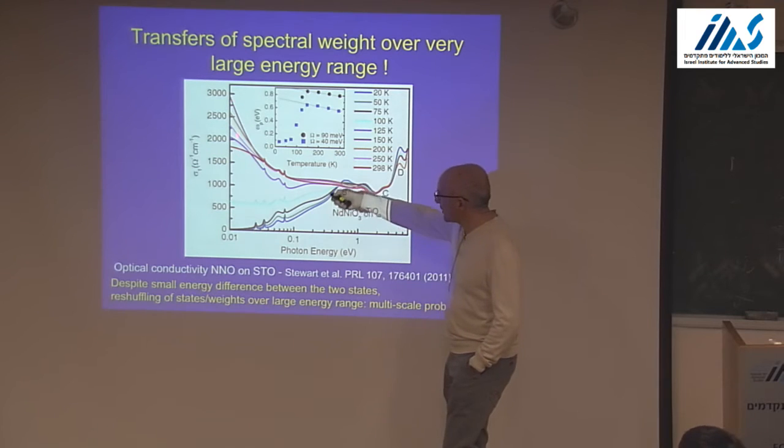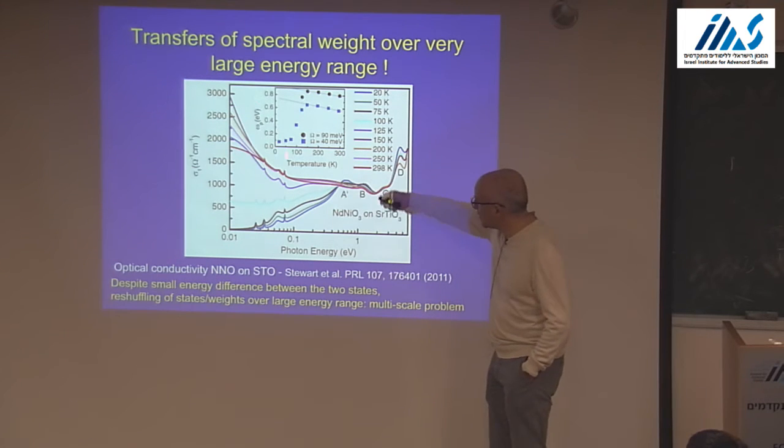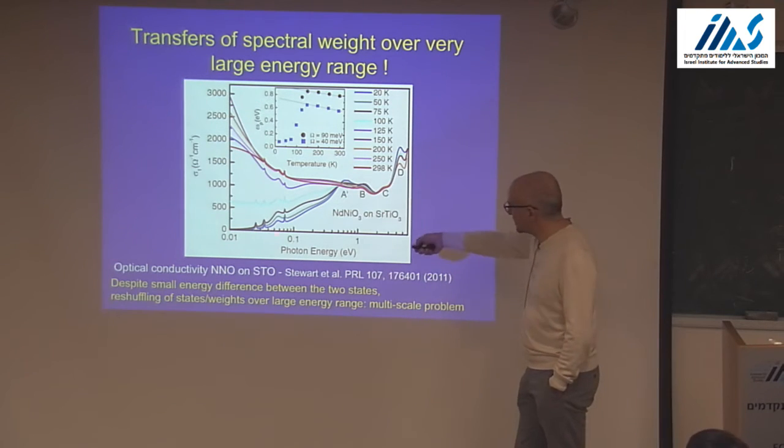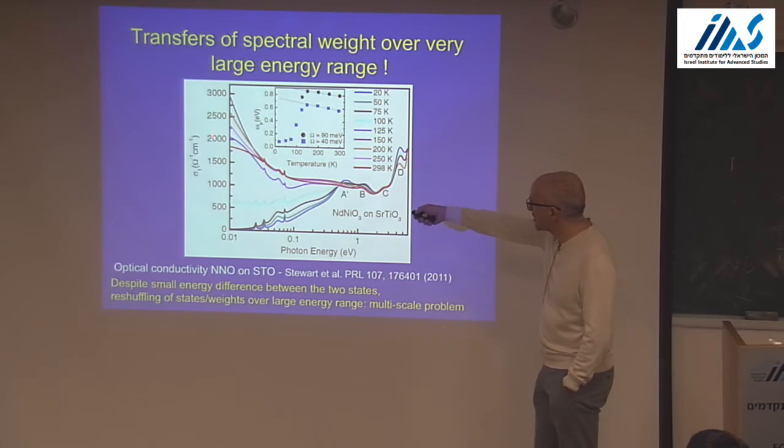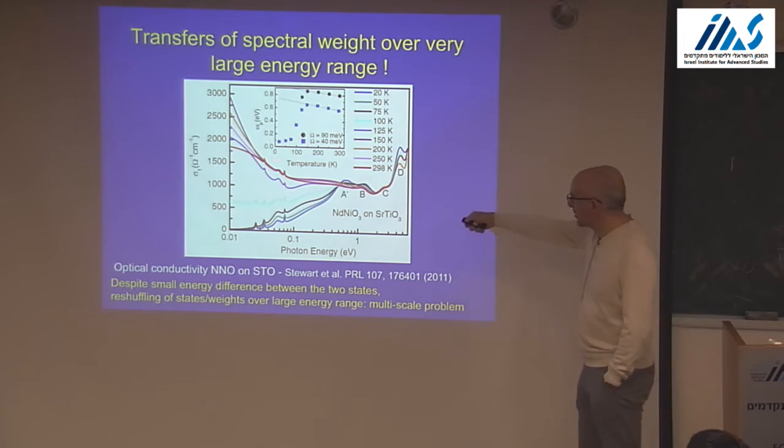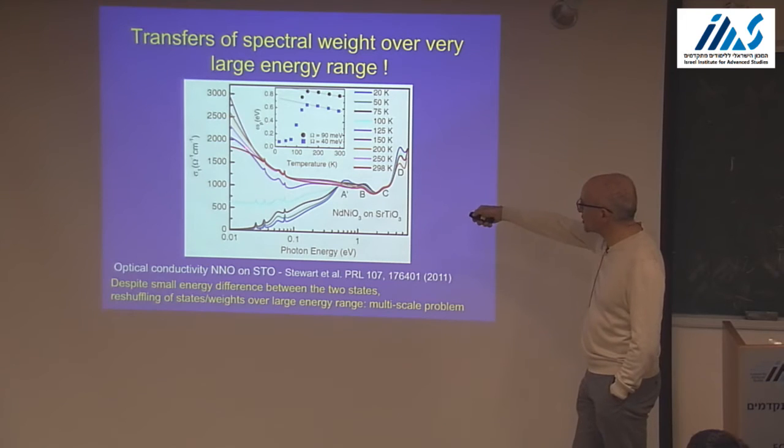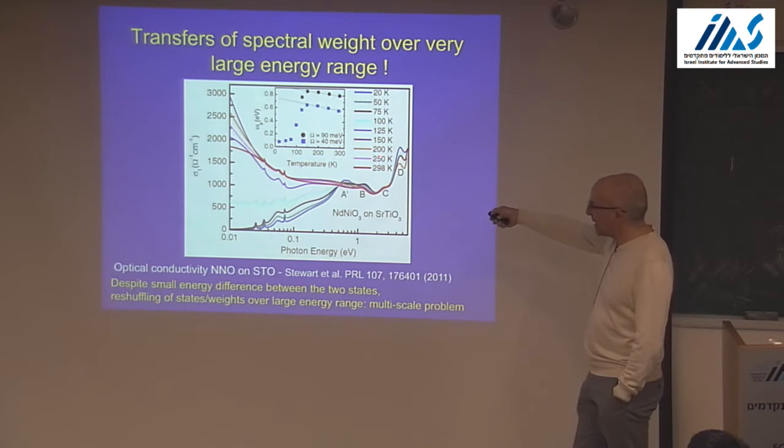So obviously this is the metallic state, with some Drude peak here, and this is the insulating state with a gap. But look at what happens when we change temperature in the metallic state by just perhaps 100 Kelvin.